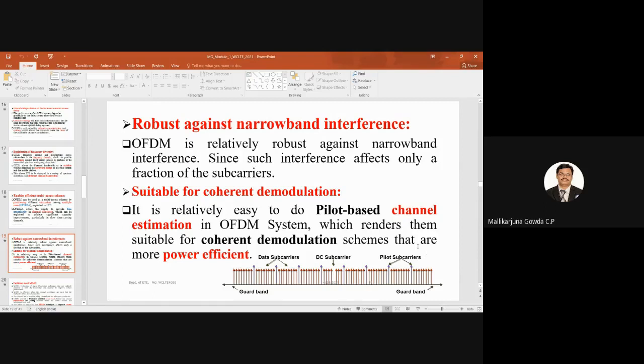With the use of this, this technique is also power efficient. We can save power also. So OFDM is suitable for coherent demodulation. I am explaining this under suitable for coherent demodulation.